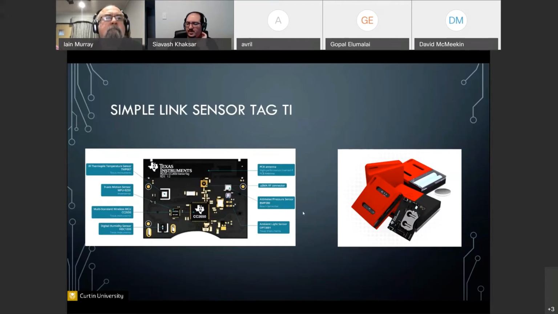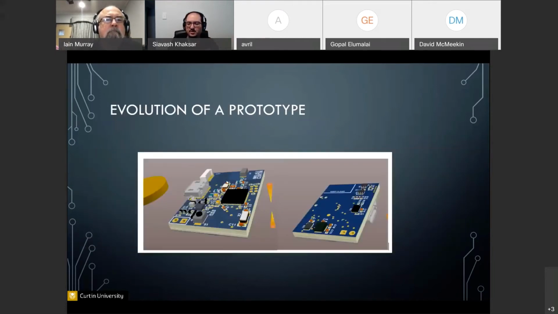So the idea is, if you wanted to start working on a sensor, you would do something like this. You would develop for it, test it, and use the sensors that you want. And then, because they offer the hardware as open source, you can get their PCB, modify it, and then build your own. The example I showed you here is based on one of these prototypes.